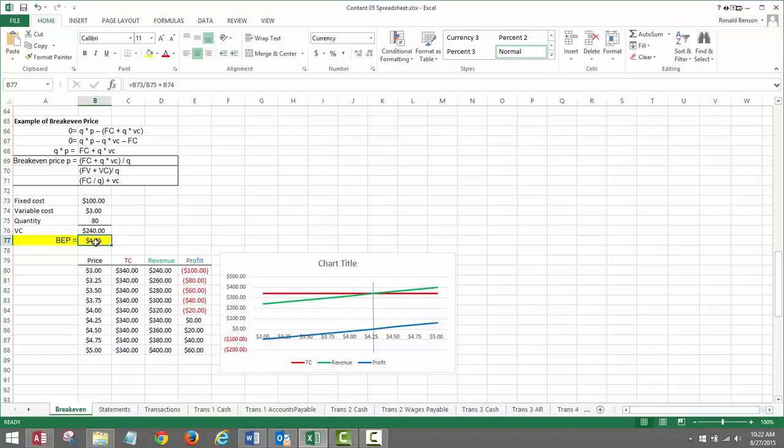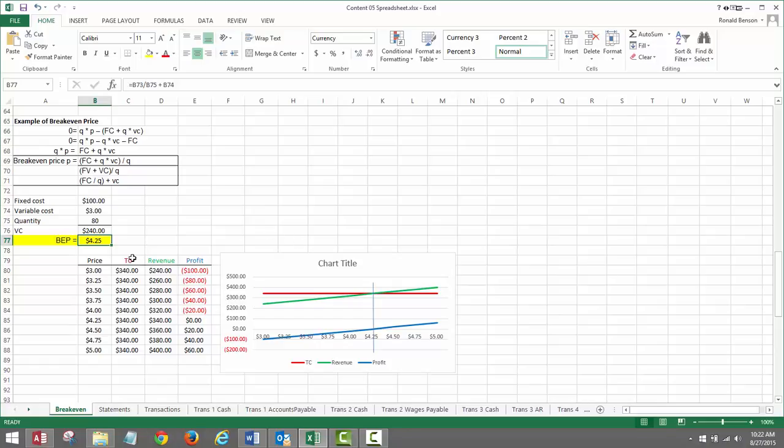Now we could do that similarly by using this other equation. The fixed cost is 100, the variable cost is 240, the total is 340. 340 divided by 80 gives you again $4.25.